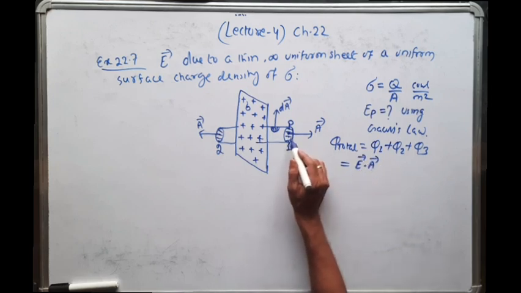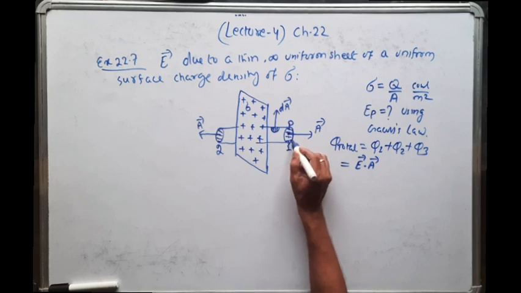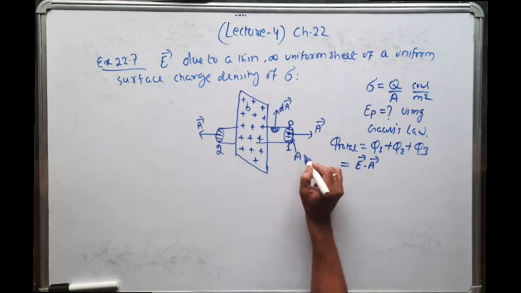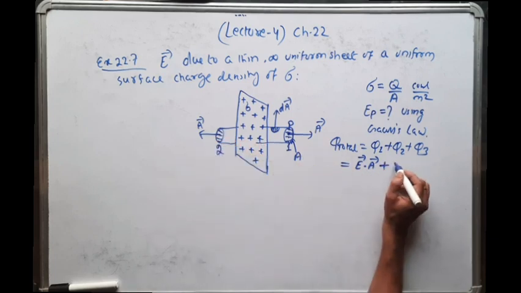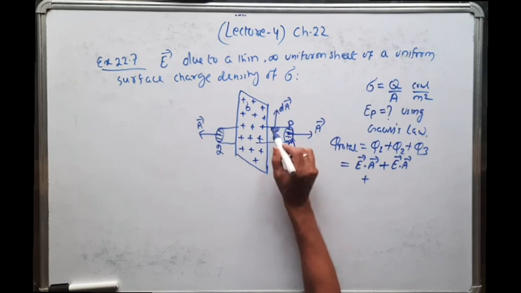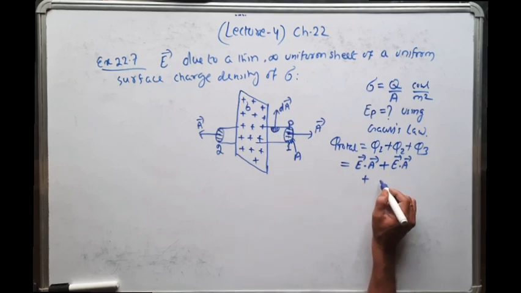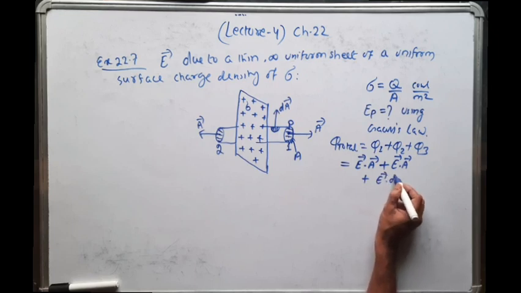Let us say the area of this cylinder base is A. Similarly, the flux through the second surface is E dot area vector. The flux through the small element on the curved surface is E dot dA.